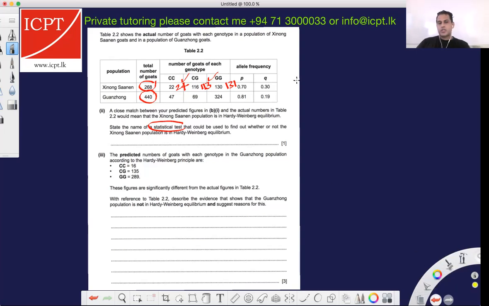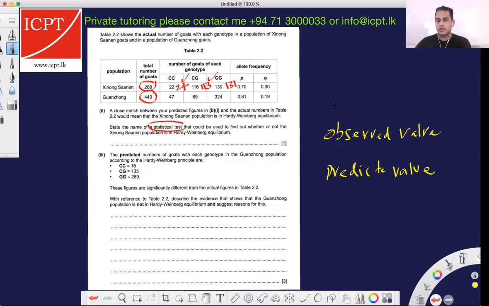We have learned in the theory that if we have exact values, so-called standard values, and after an experiment we have an observed value and our predicted value, for example in a dihybrid cross, 9, 3, 3, 1 is the ratio we get.